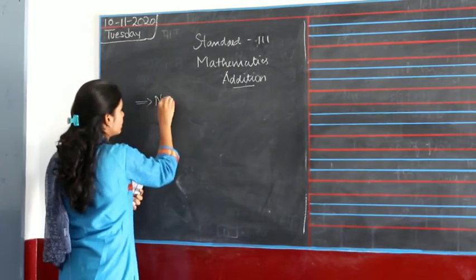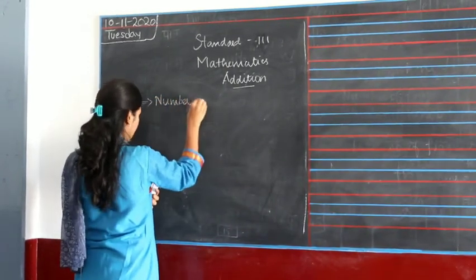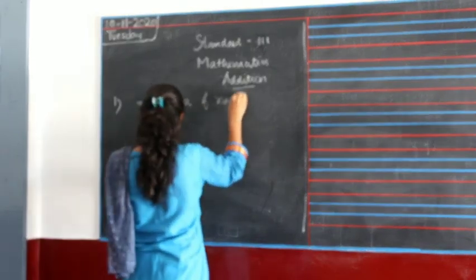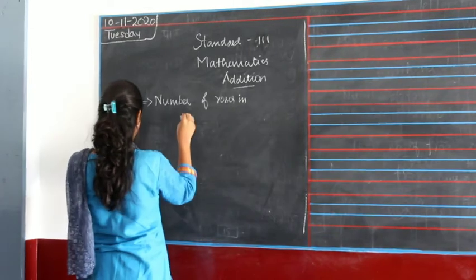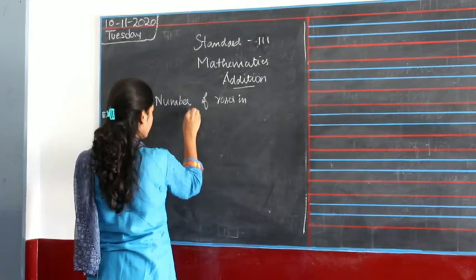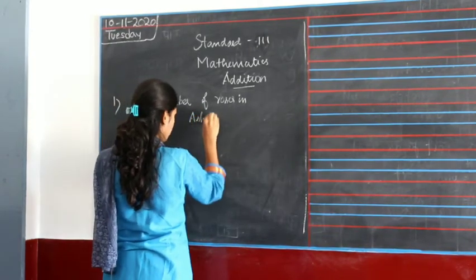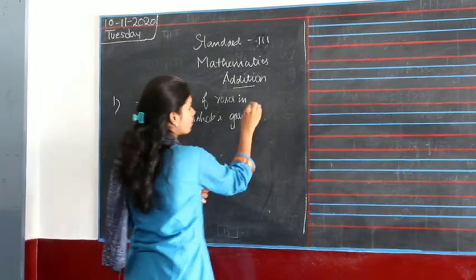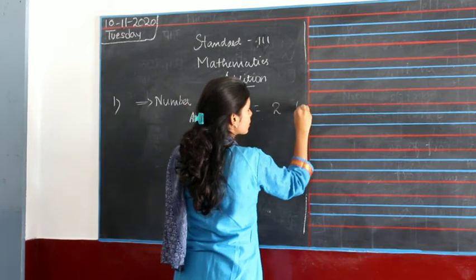Number of roses in Ashok's garden will be 266.